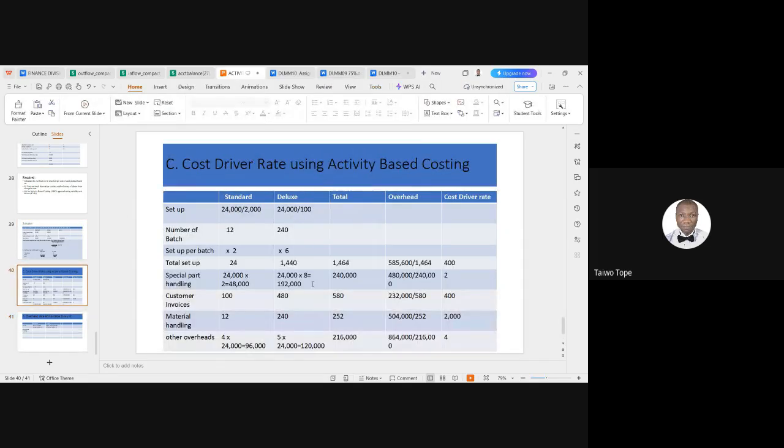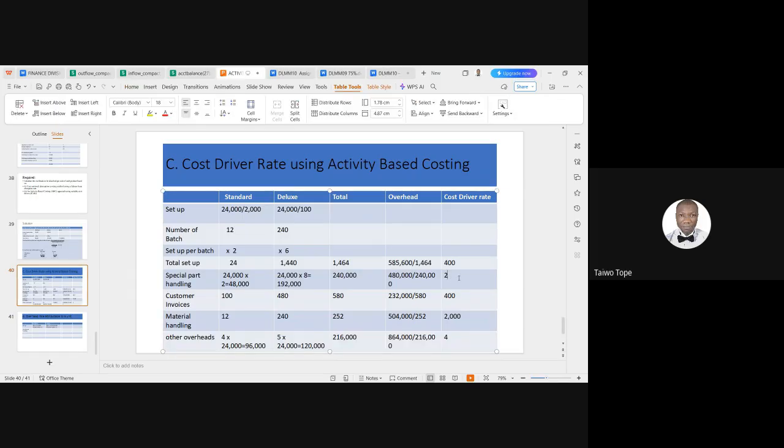On the question, the cost driver rate of 1 special part is what? From our solution, it is 2. In relation to standard, how many special parts do we have? 48,000.